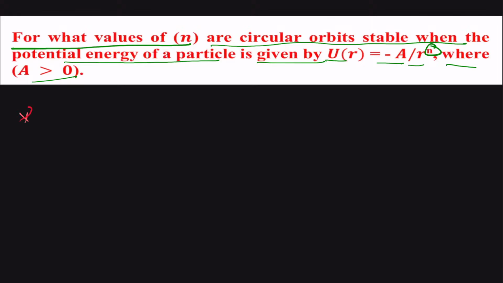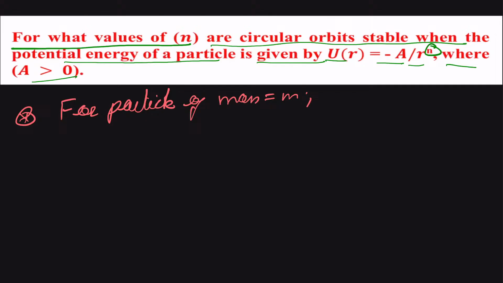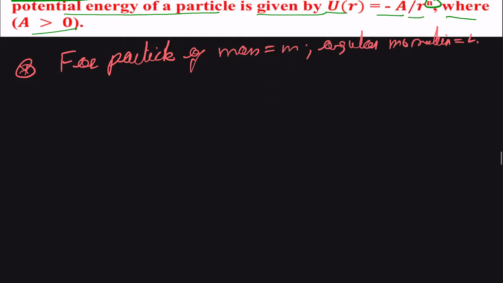And for that we consider a particle of mass m and angular momentum L, we can write that our effective energy that is dependent upon r is equal to L square upon 2m r square plus the energy at a distance of r.